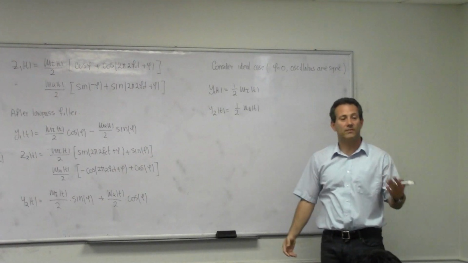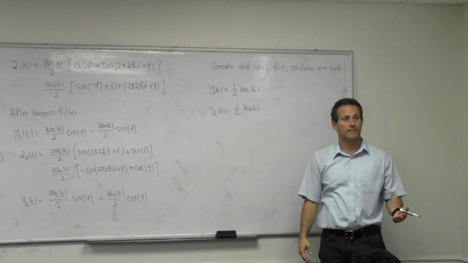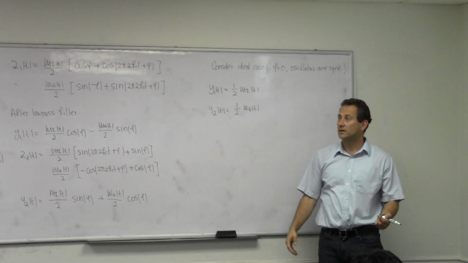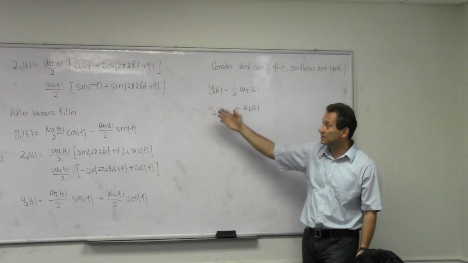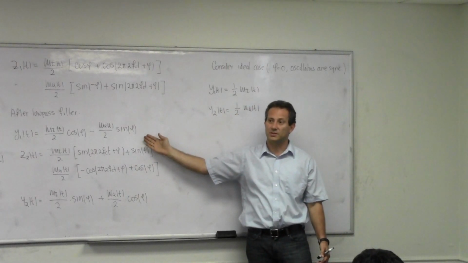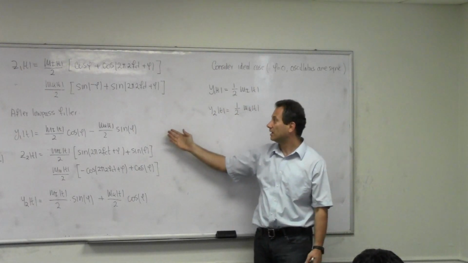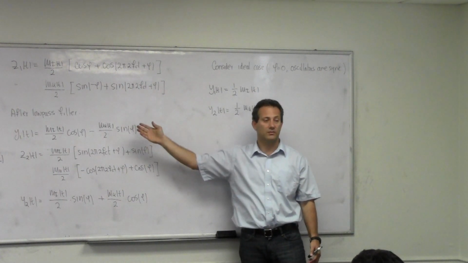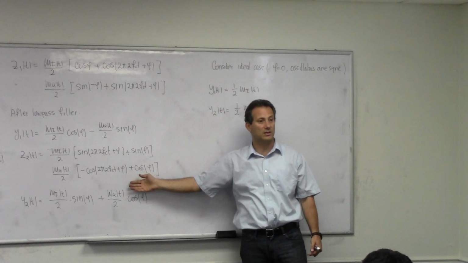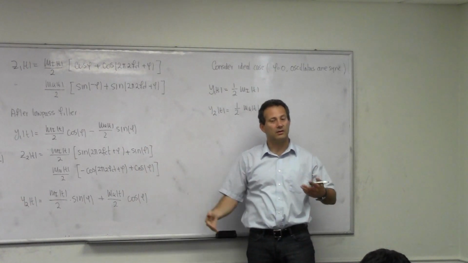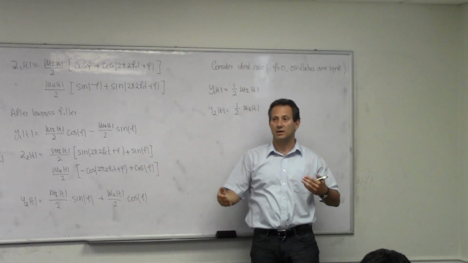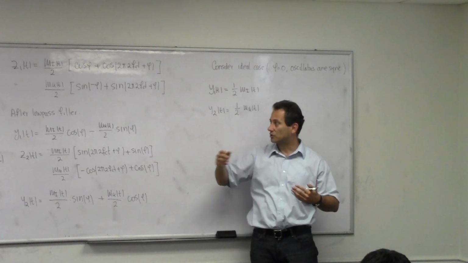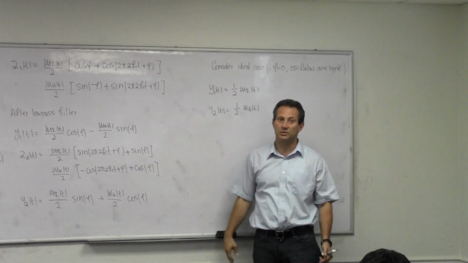Now what happens when phi is different than 0? When phi is different than 0, then there is crosstalk between the two branches, right? Part of the nq of t leaks into the first branch, and part of the mi of t leaks into the second branch. And in the analog world, we can talk in terms of distortion or signal to noise ratio, signal to interference ratio.